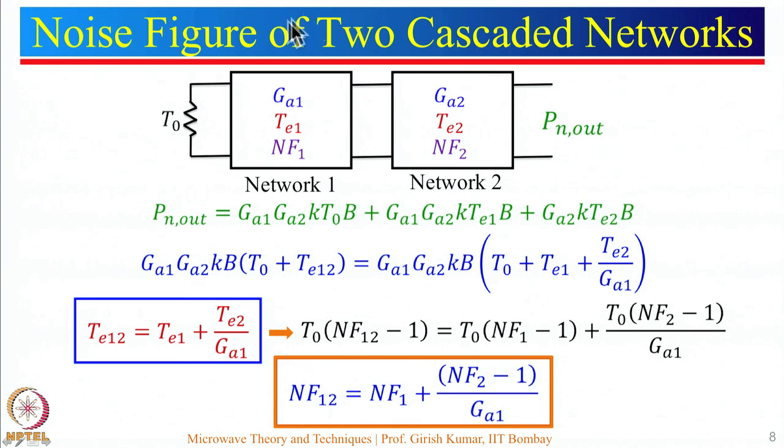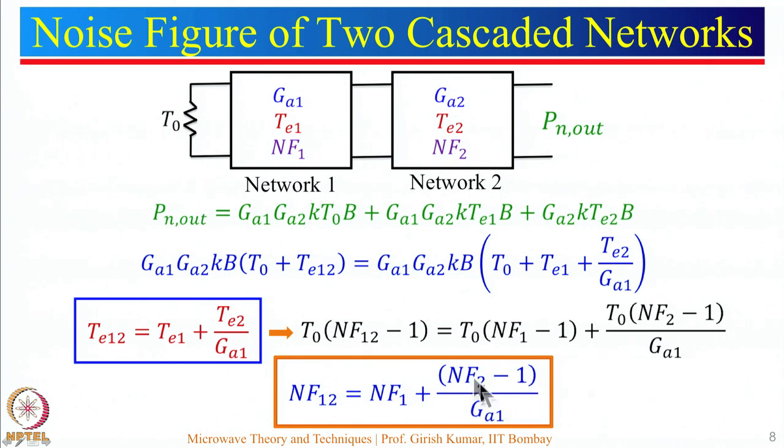So, how do we find the overall noise figure? NF12 is equal to NF1 plus (NF2 minus 1) divided by Ga1. NF1 comes out as it is, corresponding to network 1, whereas NF2 now comes as (NF2 minus 1) divided by the gain of the first stage.